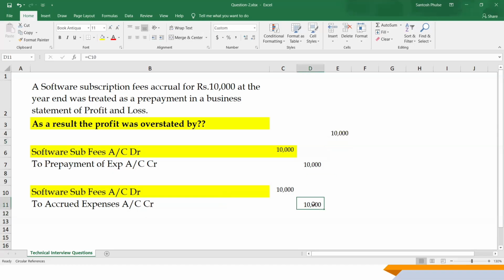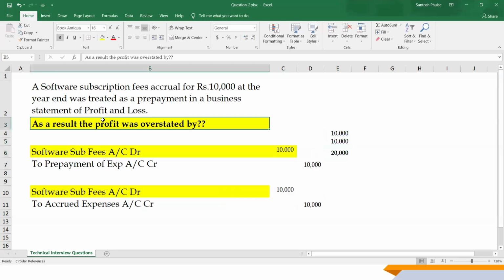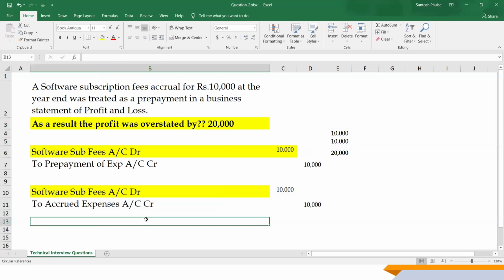This is going to hit the liability, and this is again debited to your expenses. So if you add these two, your profit was overstated by 20,000. That's the answer for this. So you have to post the journal entries and give the answer for that as well.